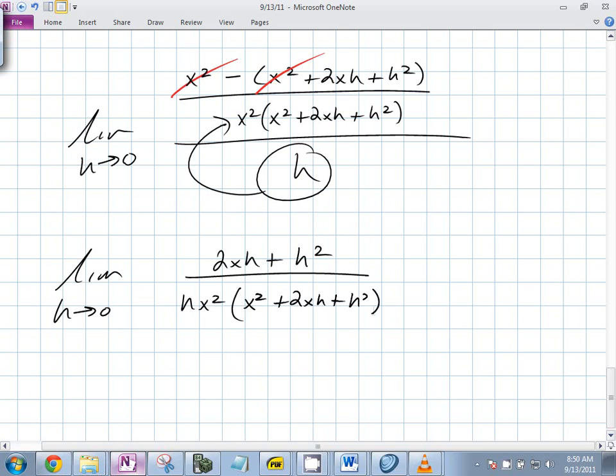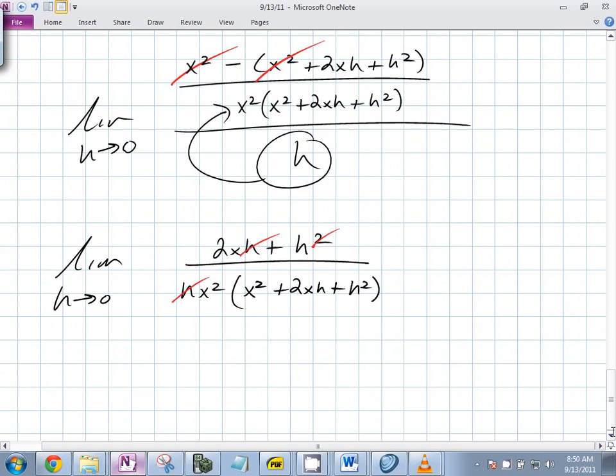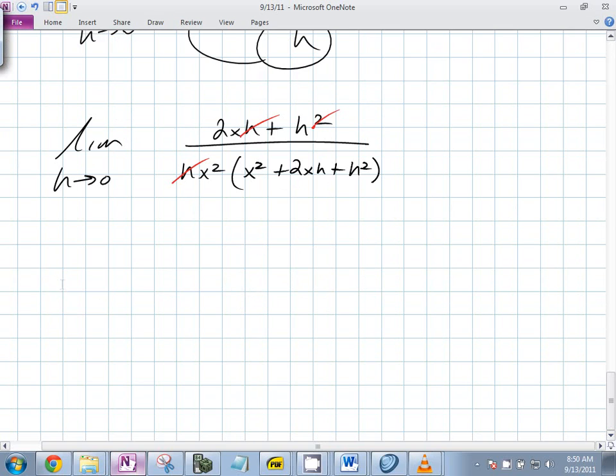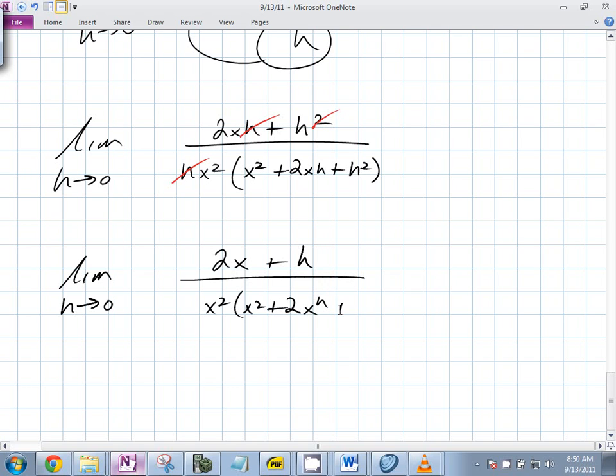What cancels? The h cancels there and there. So you're now left with the limit as h goes to 0 of 2x plus h all over x squared times x squared plus 2xh plus h squared.